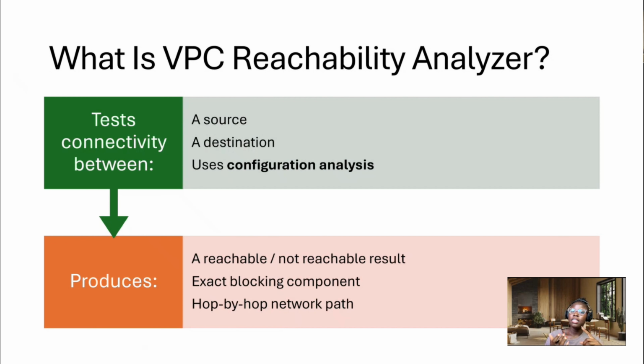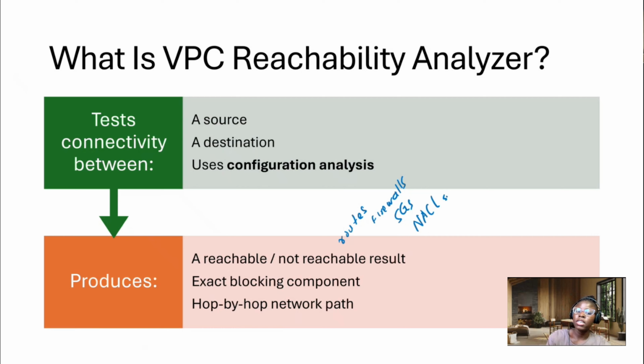Now, the Reachability Analyzer doesn't send any real packets. It's just going to simulate a packet and then check every network component along the way. These network components are the routes, the firewalls, the security groups, the network access control lists, all of this.